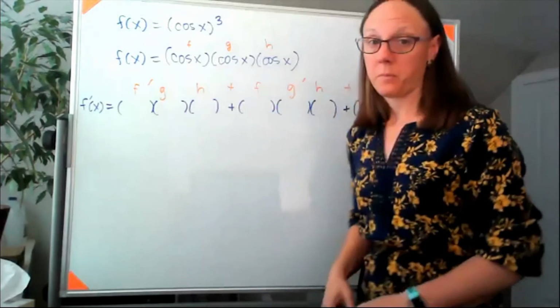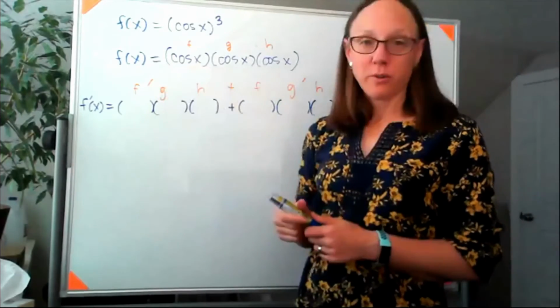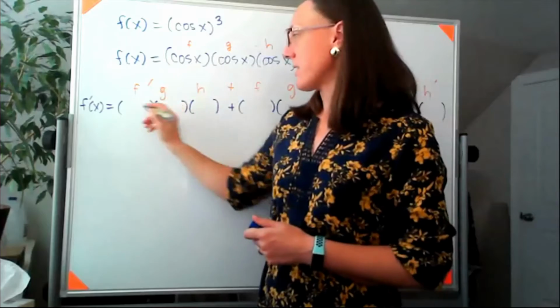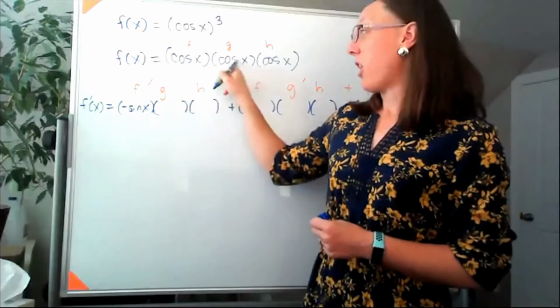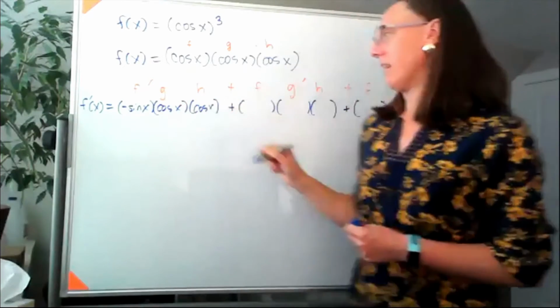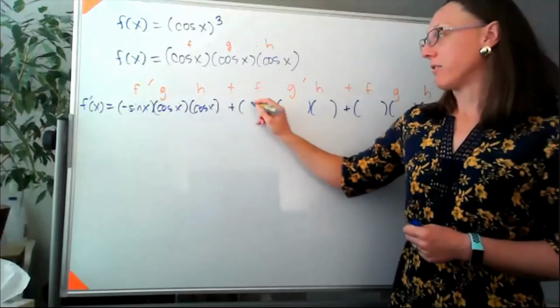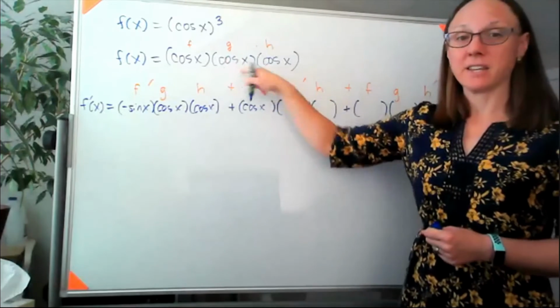So f prime, the derivative of cosine is negative sine. Then I would copy the cosine down again and copy the cosine down again. Here, we're going to leave the first piece alone. I'll take the derivative of the second piece.